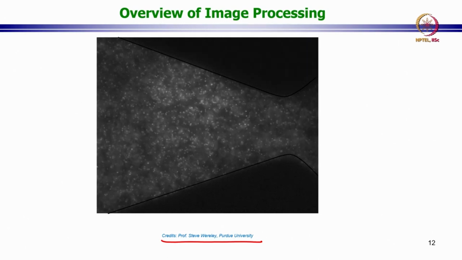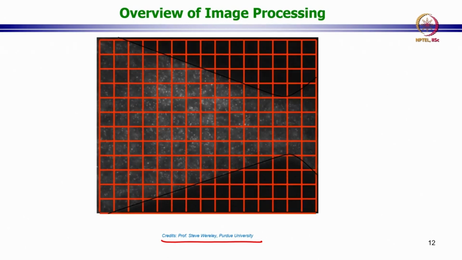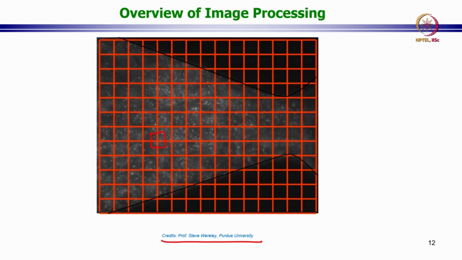So, this type of an image, when you get it, when you use post processing, you will divide it into a number of grid points, and then at every grid point you are going to define a tracking window, and once you identify this tracking window, in the next image you have to figure out where the set of particles went. So, every window contains a set of particles.